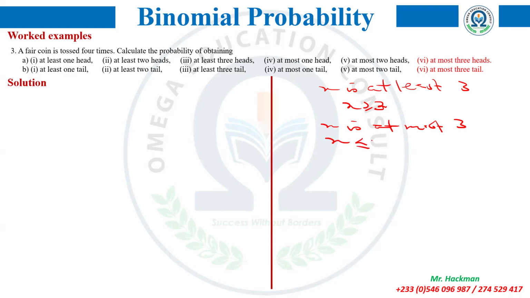Very good. X is less than or equal to 3. So when you say at most, it means that's the ceiling. So you can come down, you can't go up. At least means that's the floor. You can go up, you can't come down. So this means all the values of x less than or equal to 3, 3 is inclusive. Once you know this, then my work is going to be very easy.